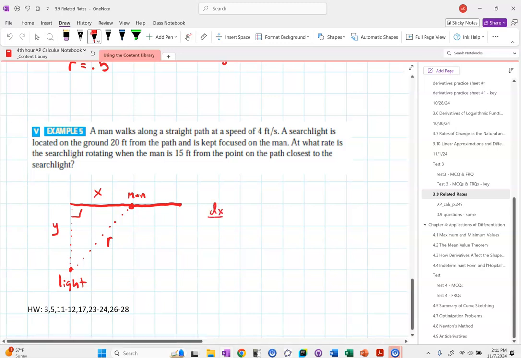So, dx dt equals 4 feet per second. And again, we can picture him going this way. It doesn't really matter though.